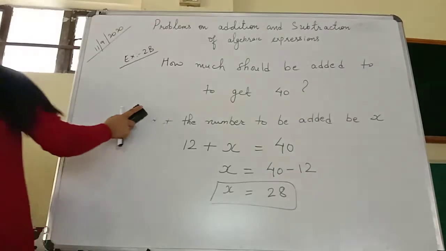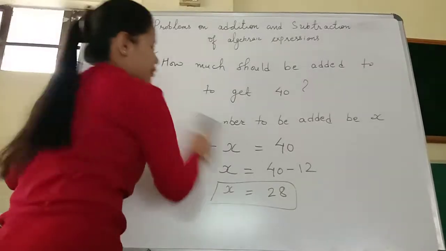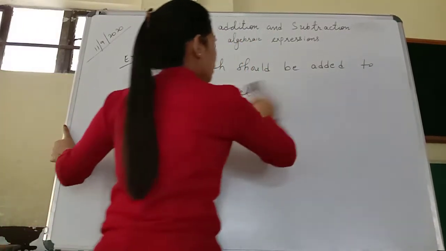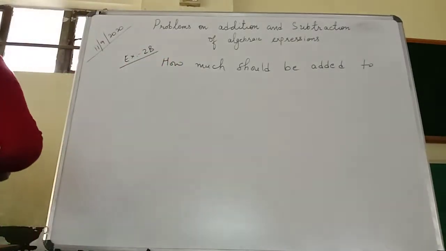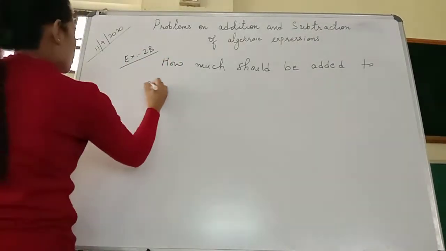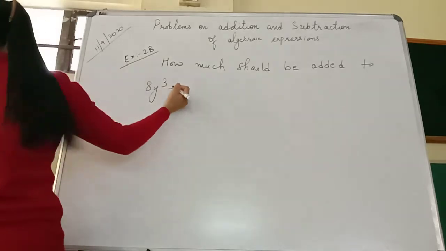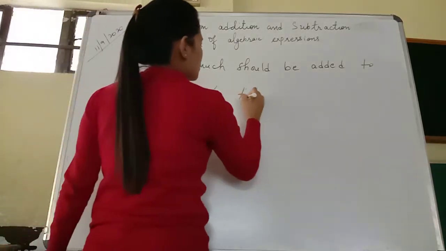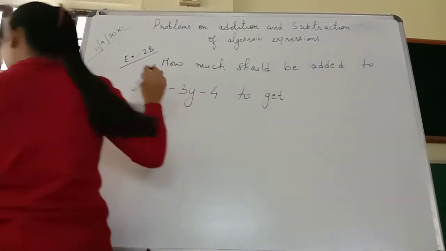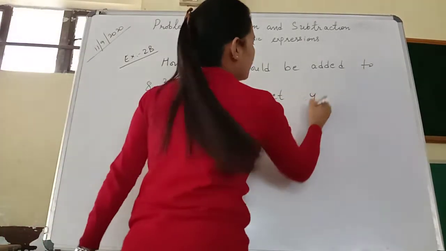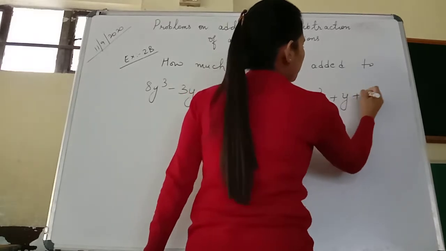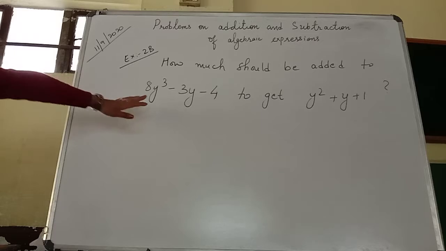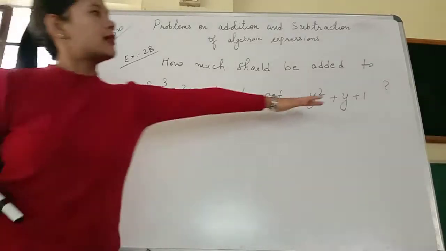You have question number 8 from your textbook, which says: how much should be added to 8y cube minus 3y minus 4 to get y square plus y plus 1? So this is our question. How much should be added to this expression to get this?